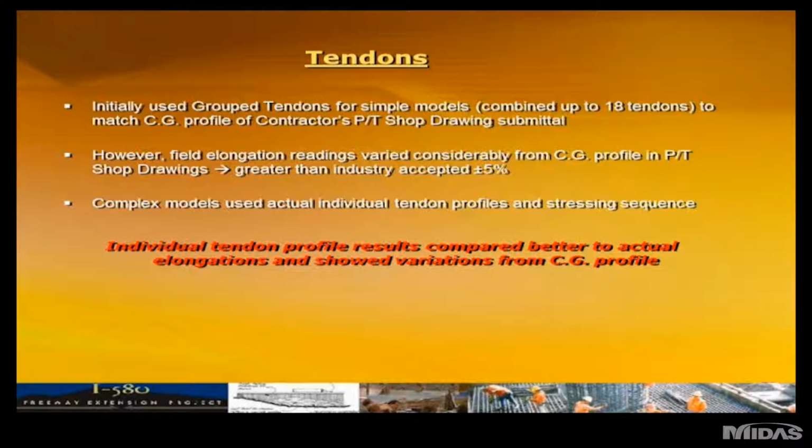Some states use plus or minus 7%. Midas Civil, with the complex model, allows you to model each tendon with the stressing sequence and timing that we actually used. What I found was that by modeling the individual tendon profiles, it compared better to the actual elongations viewed than just using a single center of gravity profile.